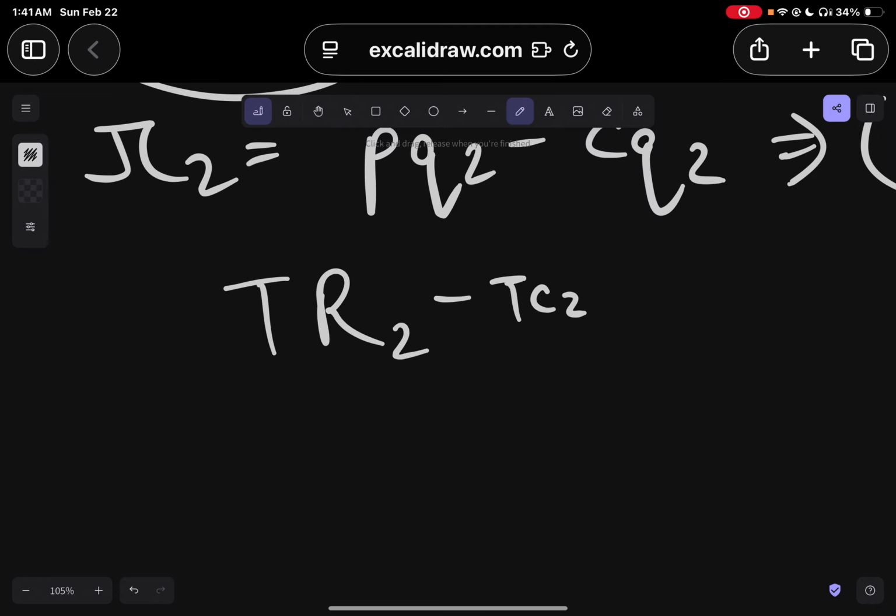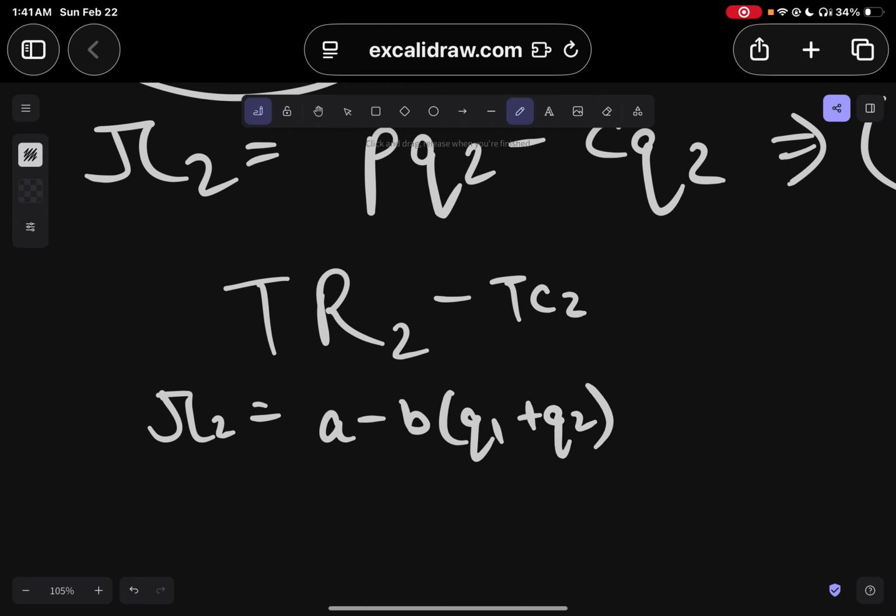Let me try writing it a little smaller. So pi 2 is equal to A minus B(Q1 plus Q2) multiplied by Q2 minus CQ2.